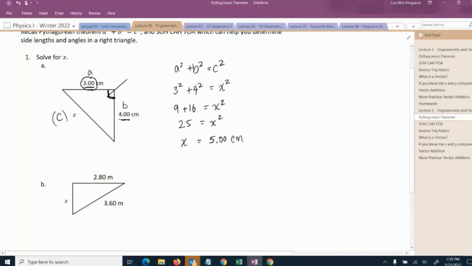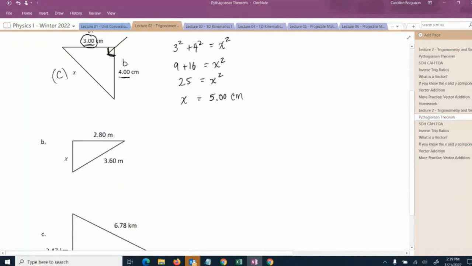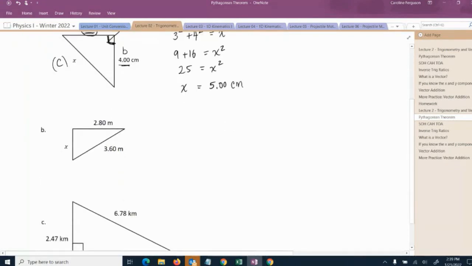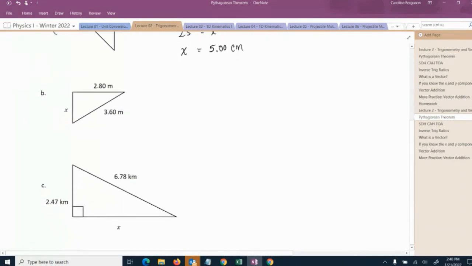So it says in the question, enter only the numerical value in the space below. But if it's a question where I want you to show your work and take a photo, it'll say to take a photo of all your solutions, and for your solutions, you write the units. Anything you're going to show a picture of, make sure it has all the units in it. But when you're entering it into Canvas, there wouldn't be any units, because it won't let you enter units. Okay, so we're going to do this again with B.